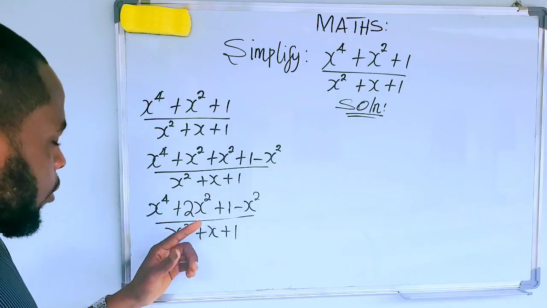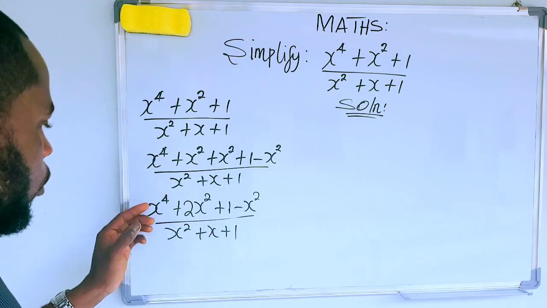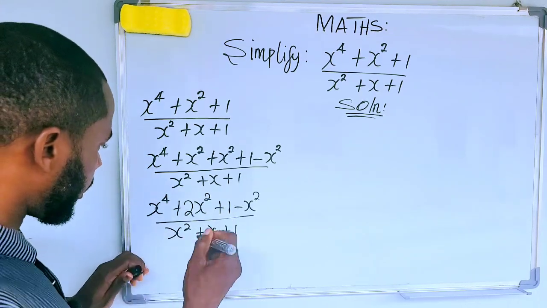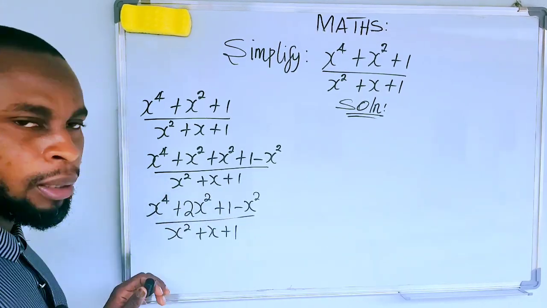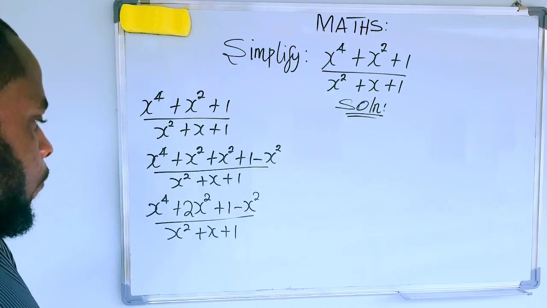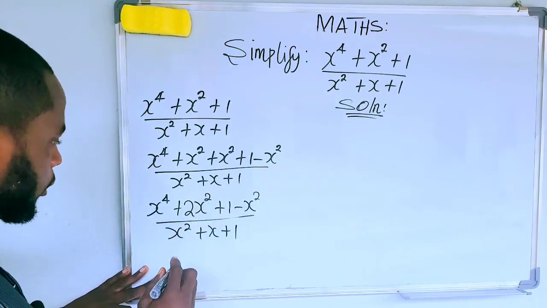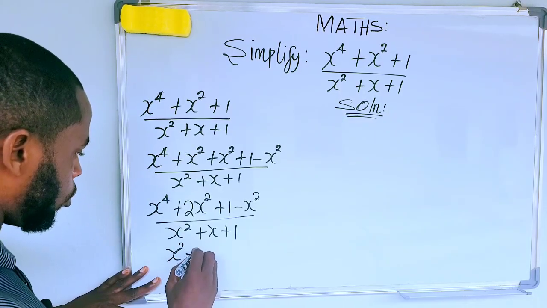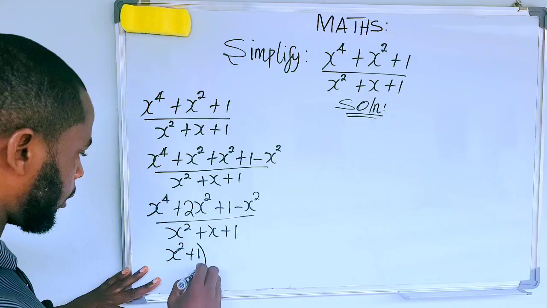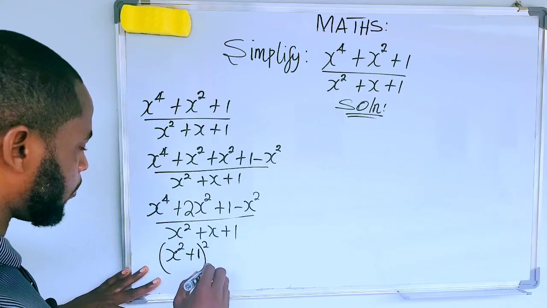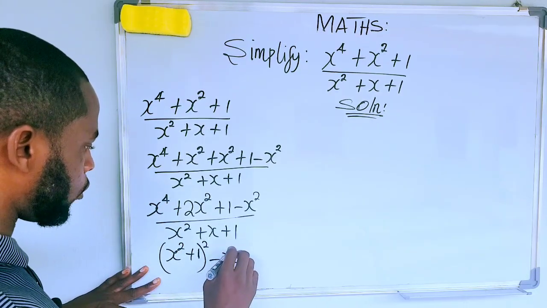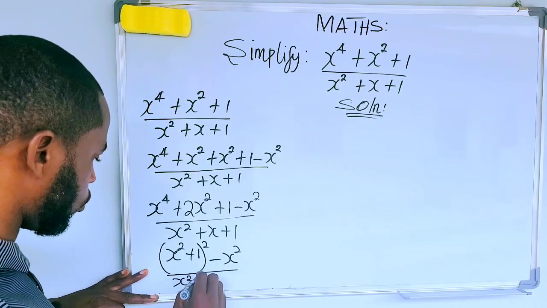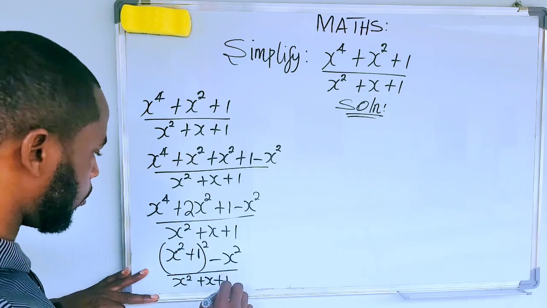Now here, we are going to group the first three elements as a perfect square. In that note, we are going to have x to the power of 2 plus 1, in parentheses, always to the power of 2, minus x to the power of 2, divided by x to the power of 2 plus x plus 1.